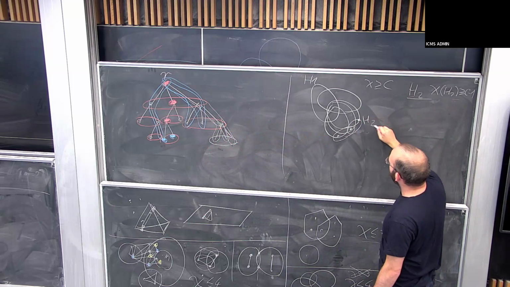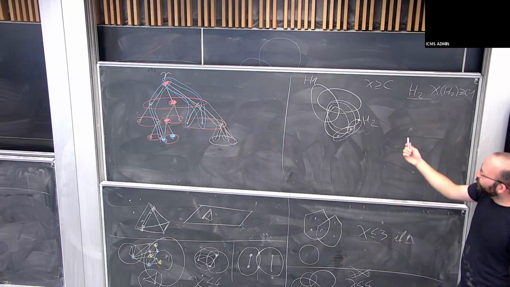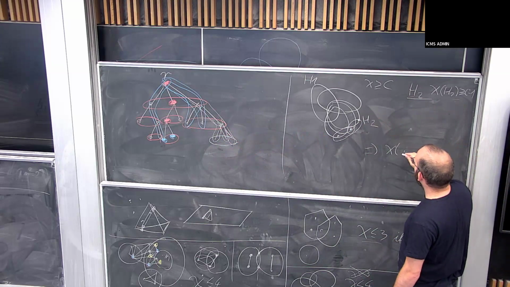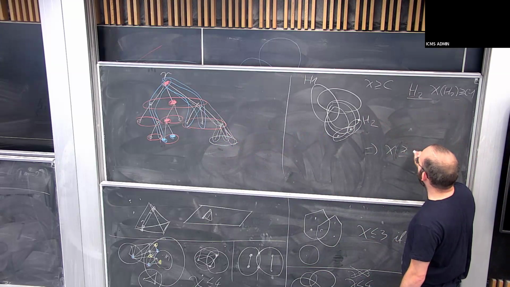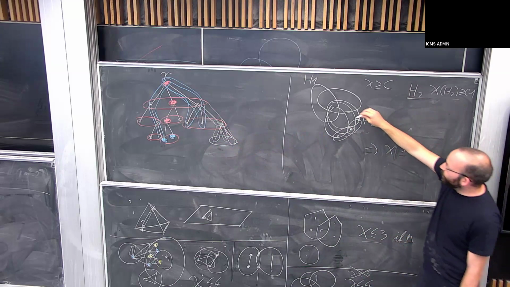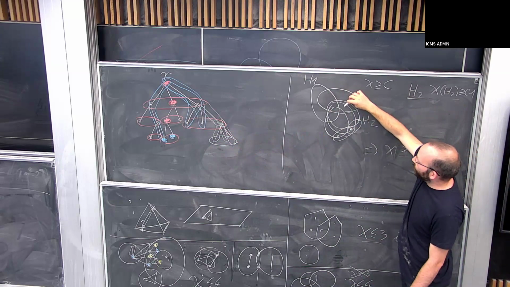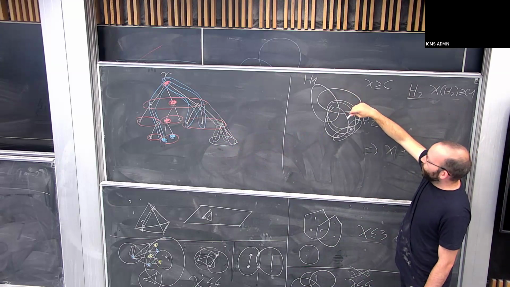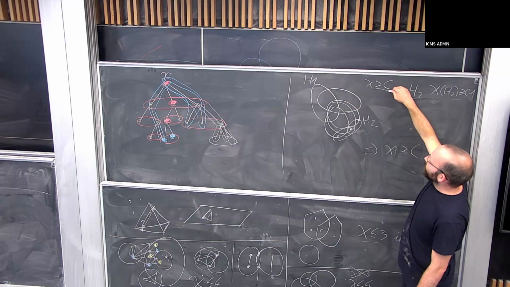And I claim that the resulting hypergraph, this new one, will still have chromatic number at least C. If I color this original hypergraph with these new edges, well, this required C colors.